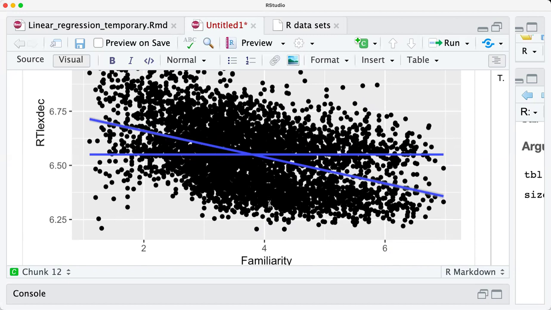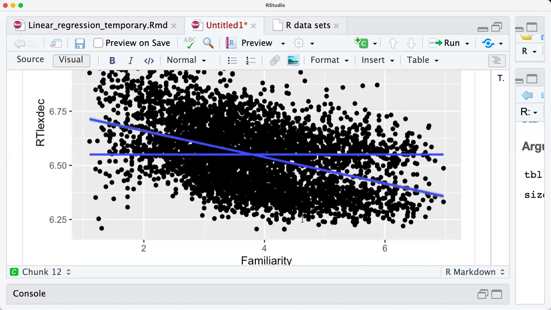So we're going to distinguish causal effects from the simple fact that if you're more familiar with a word, you expect the reaction time to be lower. But this doesn't mean that familiarity is the cause of the lower lexical decision time.